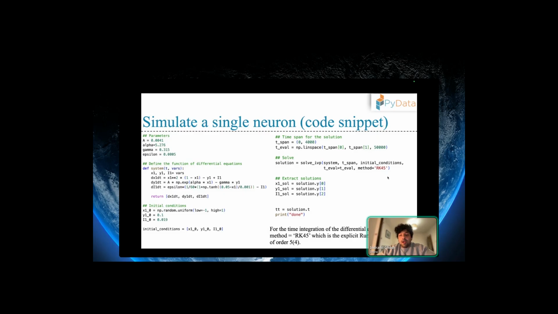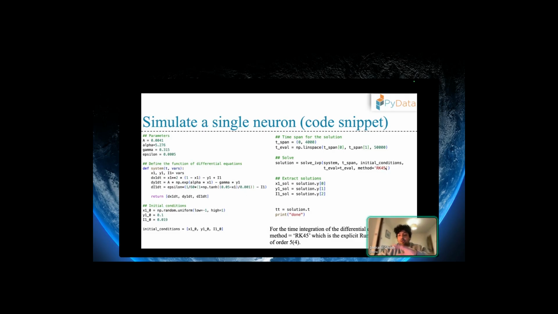Here I'm showing RK45, which is a very commonly used numerical integration method for solving differential equations, after Runge-Kutta. There are other methods as well, and I would like to point out that RK45 is not the best solver, because some differential equations like this can become stiff at some point.